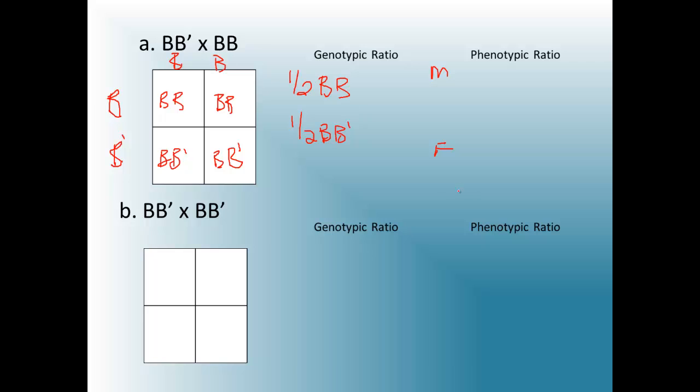No. So for a female, she is going to be 1/2 not bald, and 1/2 carrier. She doesn't have it, she's not going to be bald, but she could pass on this trait for balding to her child.